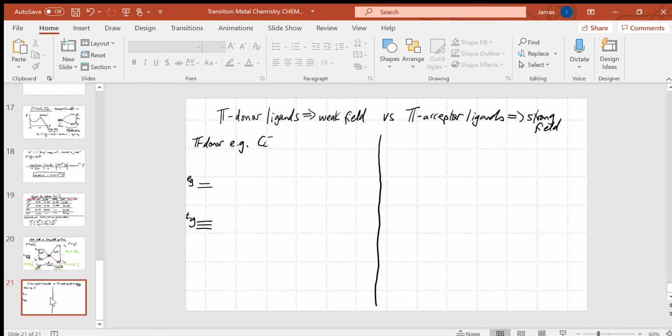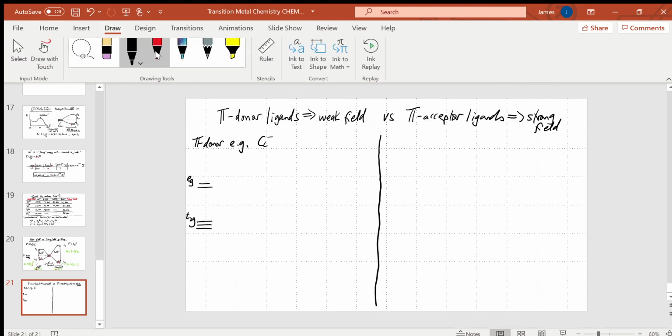Let's pick just one electron. So let's say we have an electron here in our T2G set. So this clearly is our octahedral field splitting here. So we have a D1 metal, split in an octahedral field.